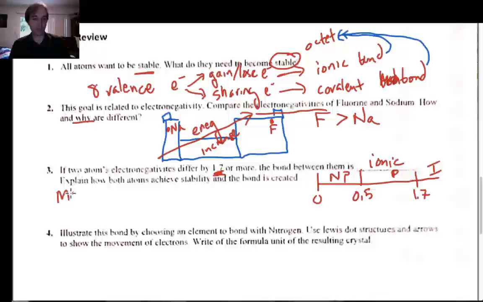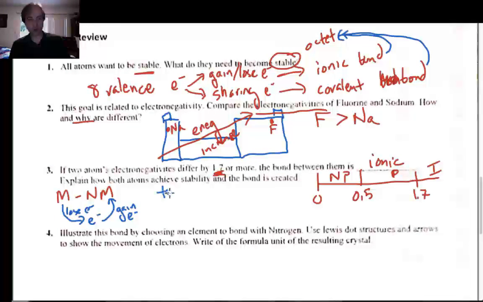Okay, so the first thing is you've got a metal bonded to a nonmetal. The way this is going to work is this metal is going to lose an electron, and then that electron is going to be added to our nonmetal, which is going to gain an electron.